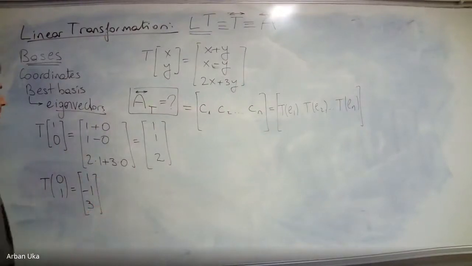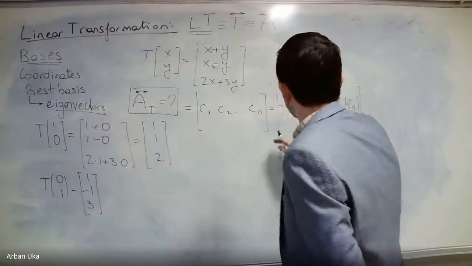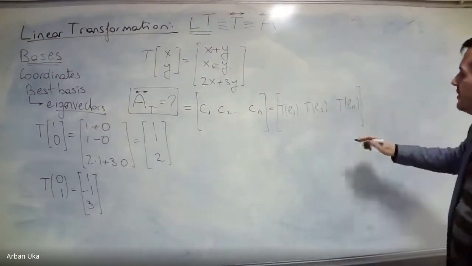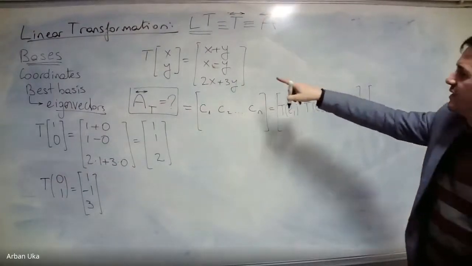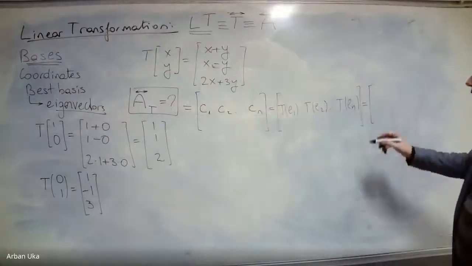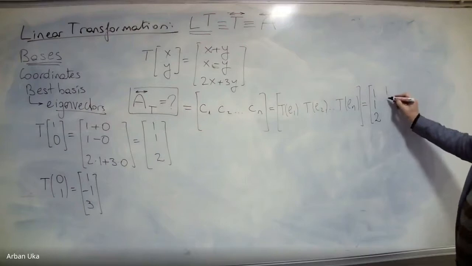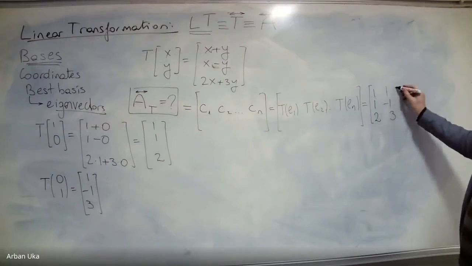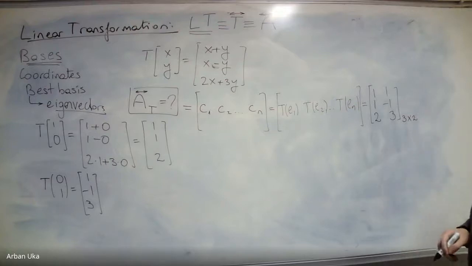So then the matrix A, combining these two columns, for this specific linear transformation provided here, is going to be [1, 1, 2; 1, minus 1, 3] as columns. So this is 3 by 2, so 3 rows and 2 columns.